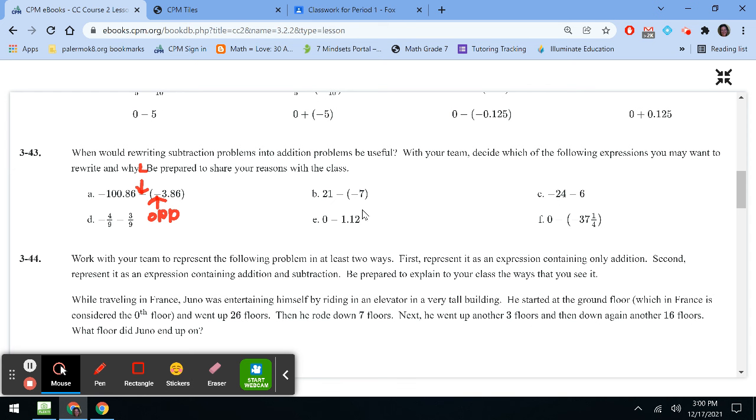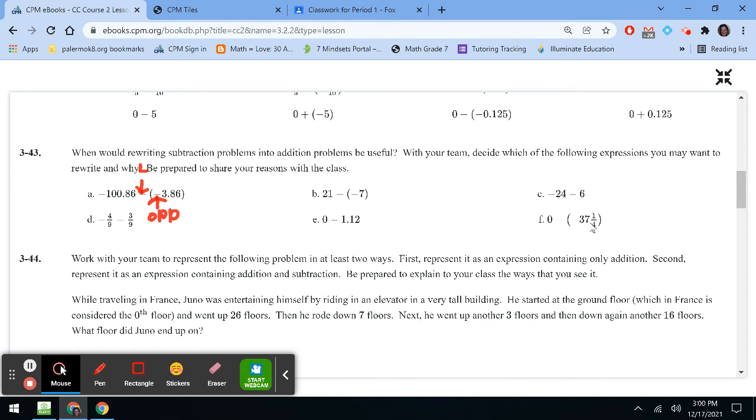Again, I'm going to use a number line with this. This is telling me that I am going to go to the left from 0. I would say that I should not need to rewrite that. Foxtrot, I have 0. I'm going to the left. Oh no, I'm going to go to the right. 37 and a quarter feet if I'm using Cecil's.